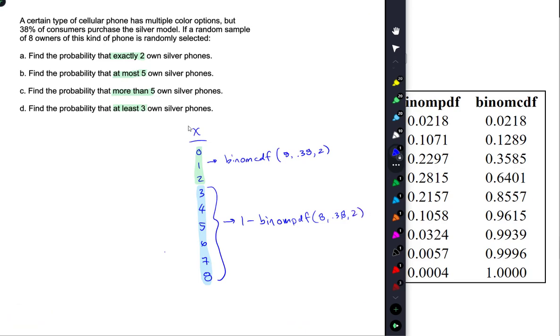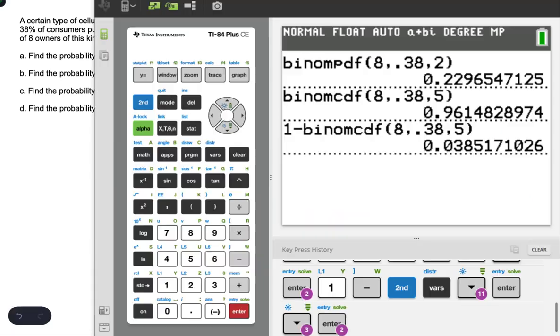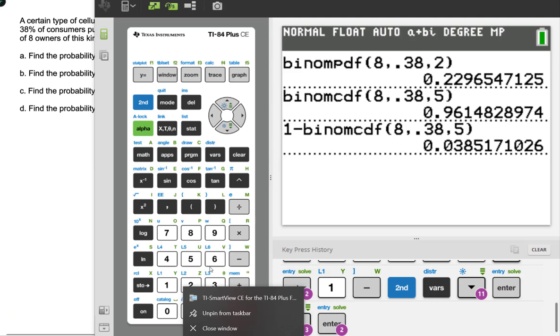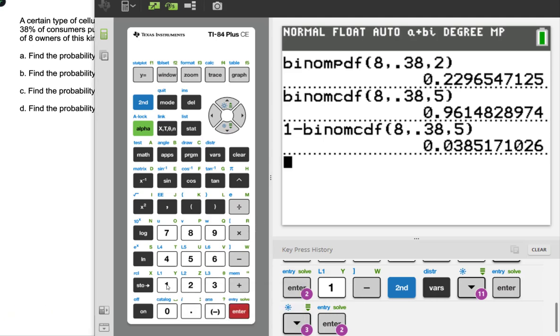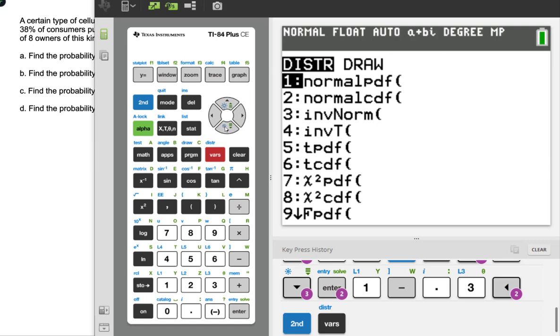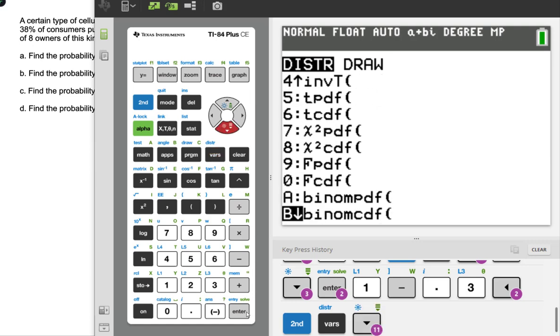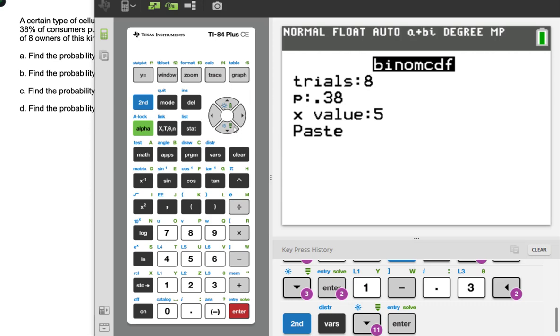Now, putting that into the calculator should give me the correct answer. So let's take a look here. So 1 minus, going to distributions and then down to binomial CDF this time. 8 and 0.38 are still correct.